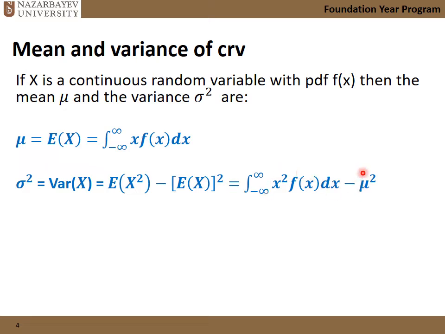And then you need to subtract mu squared. Where is the mod? I'm going to postpone the mod for the next part. So let's focus on the mean and the variance.